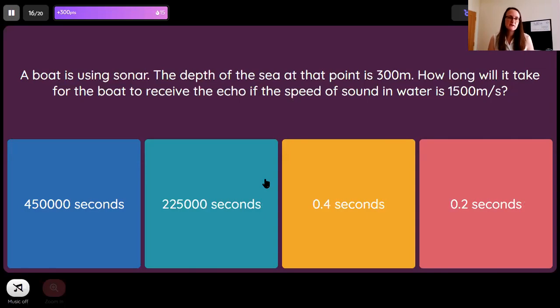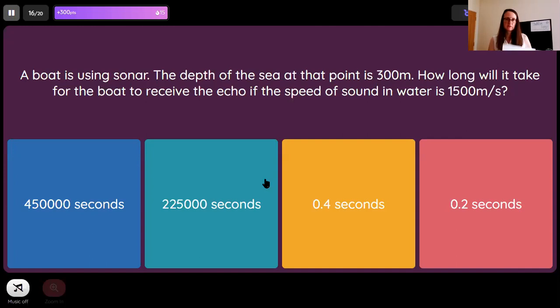A boat using sonar. The depth of the sea at that point is 300 meters. How long will it take for the boat to receive the echo if the speed of sound in water is 1500 meters per second? So what have we got?